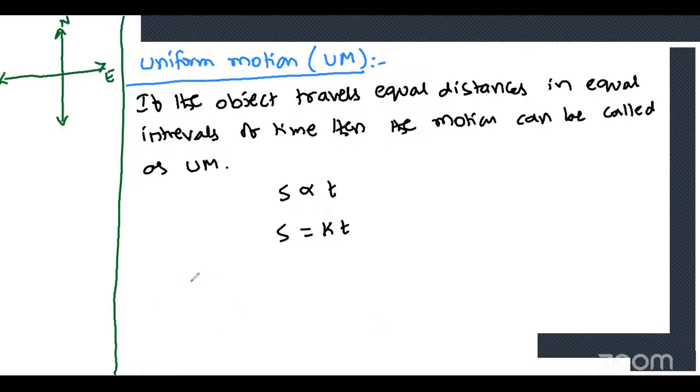So k equal to s by t, that is nothing but distance by time. Distance by time is nothing but speed. Speed will be indicated with c.